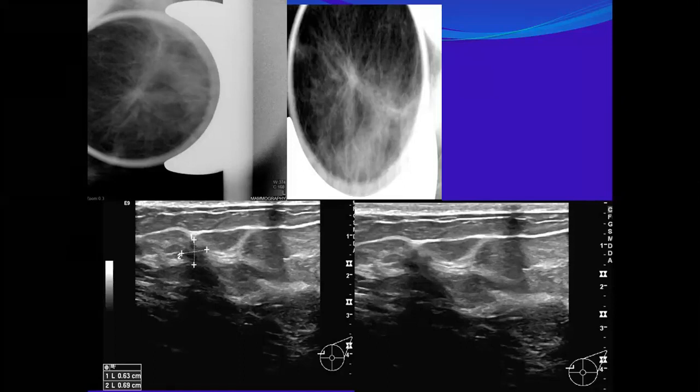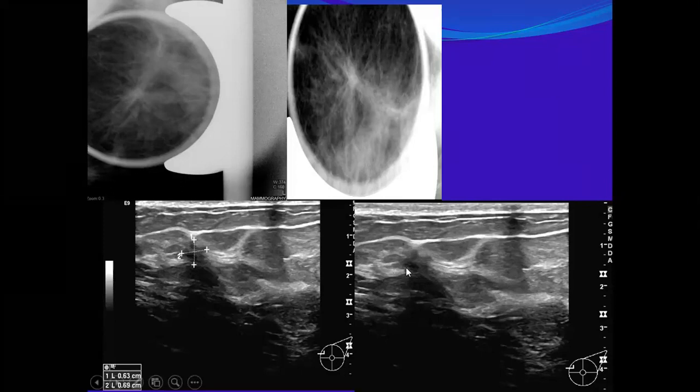I don't remember exactly the grade, but it was a very early, sub-centimeter invasive ductal carcinoma. Subhanallah. There were no other changes. It was a maximum of even 6 millimeter invasive cancer.